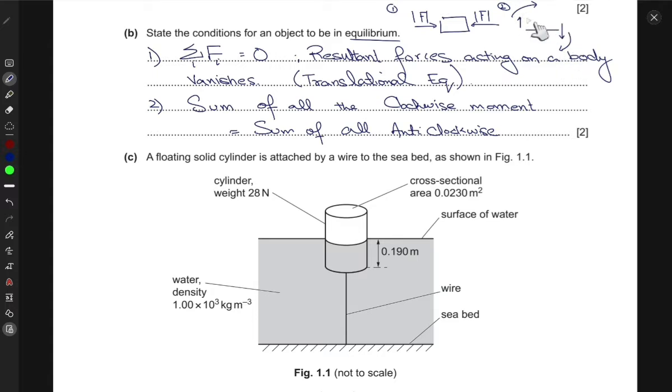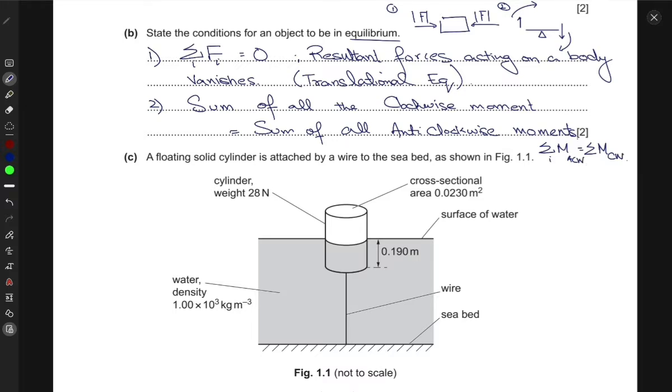So here you can see this is the clockwise moment, and this is the anti-clockwise moment. So the sum of all the clockwise moments is equal to the sum of all the anti-clockwise moments, which you can also write down mathematically as: sum of anti-clockwise moments is equal to sum of clockwise moments.